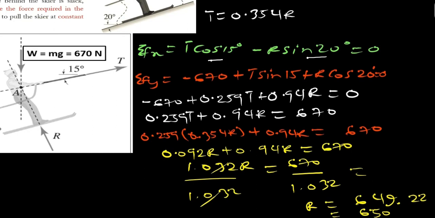Now that you know the R value, our main focus was to find out the tension T, which is the force in the tow rope. Now that you know R to be 650, we can go ahead and find the value of T using this equation that we have here. Let me clean up to get some space, then we finish with the question.